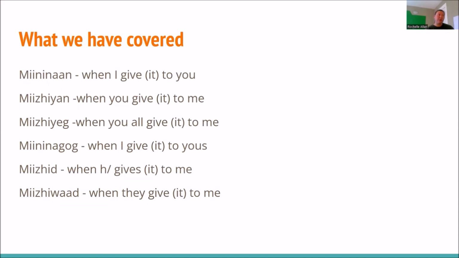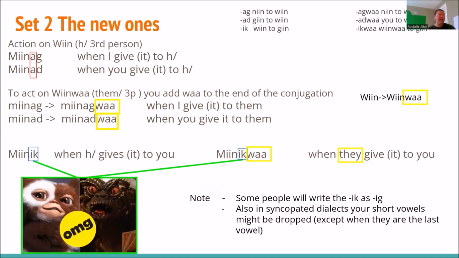So this is the first set. And if at this point, that's as much as you can take in, great, congratulations. It's a good step in learning these. I'm going to move now on to the second set. So this second set is the ones that are kind of new.